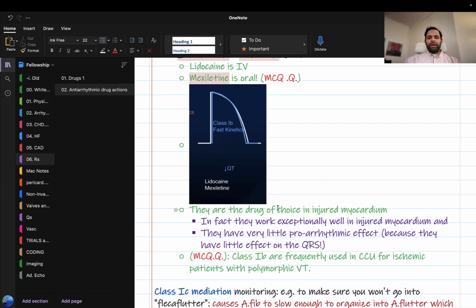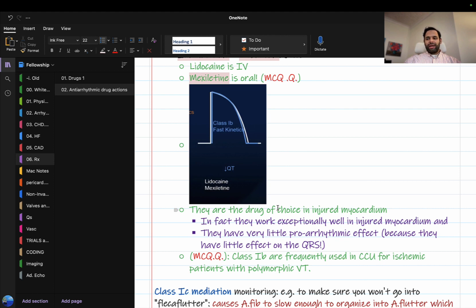They are the drug of choice, the 1Bs, in injured myocardium, whether it's myocarditis or acute ischemia, and the patient is critically ill in an acute state, because the ion channels are in their inactive state. In fact, they work exceptionally well in injured myocardium, and they have very little proarrhythmic effect because they have little effect on the QRS.